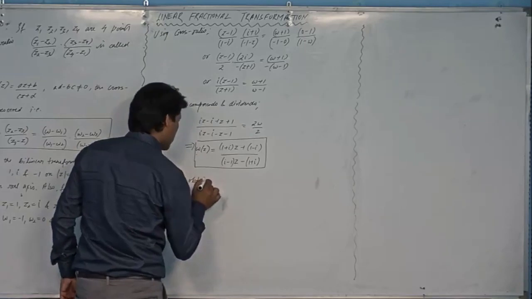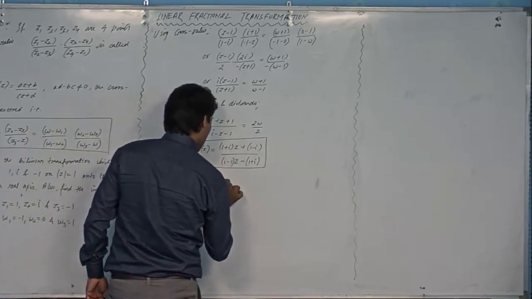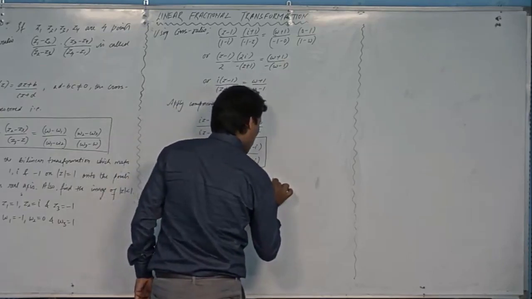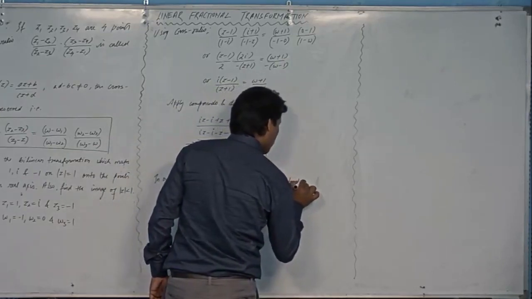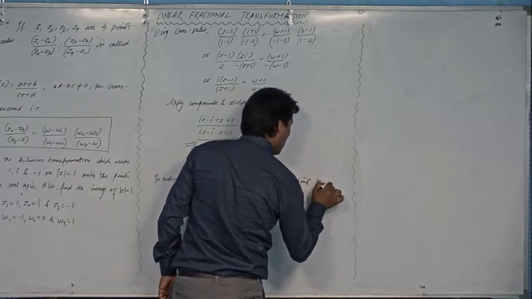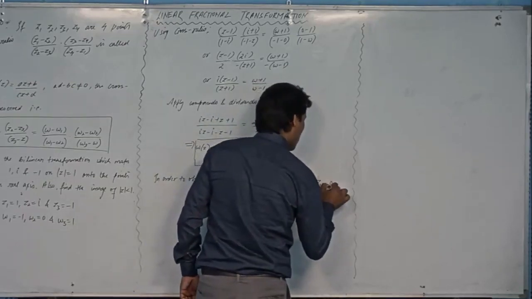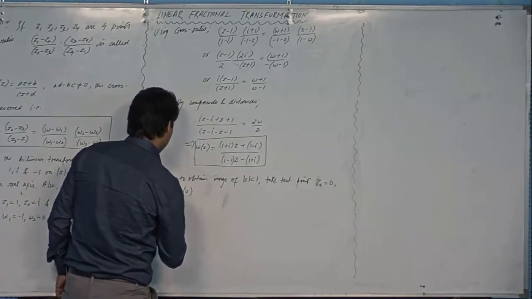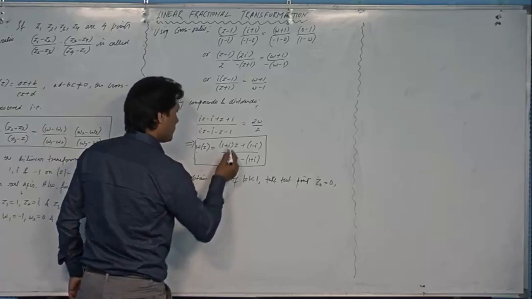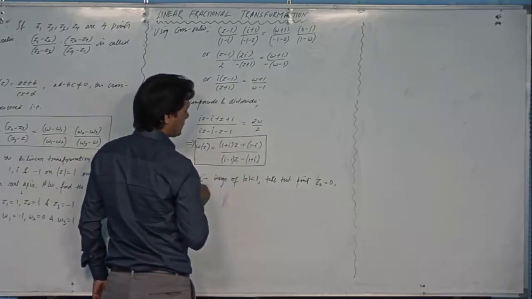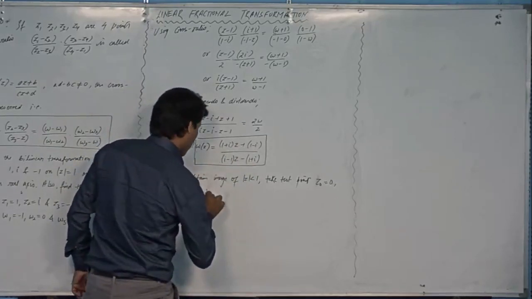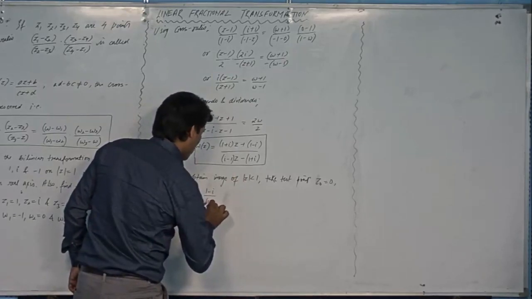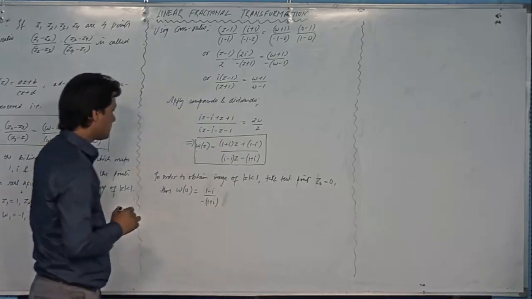Let the test point be 0, and substitute that. W at 0, sorry, this will be 1 minus eta over minus 1 plus eta, right?